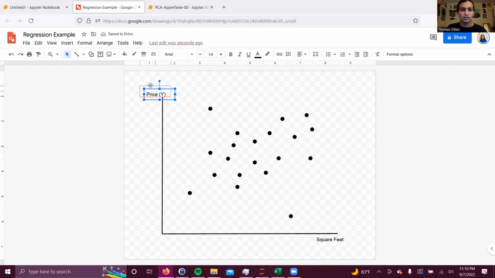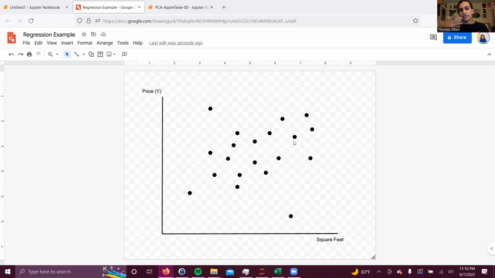Let's say you have this data set with a number of houses, their square feet and their prices, and you could plot it in a scatter plot and see, oh, it looks like houses with more square feet are more expensive. The goal of the regression is to tell you how much more expensive.